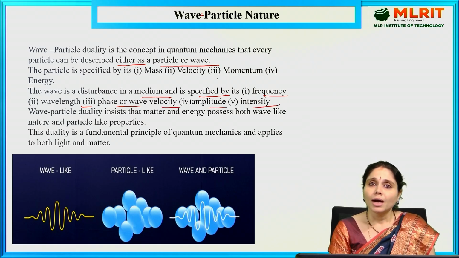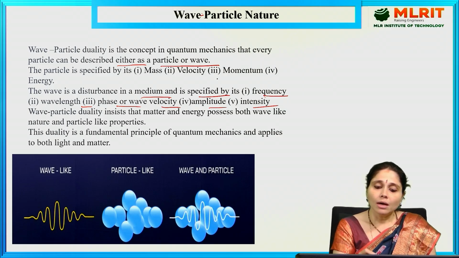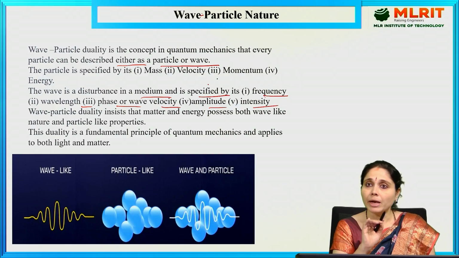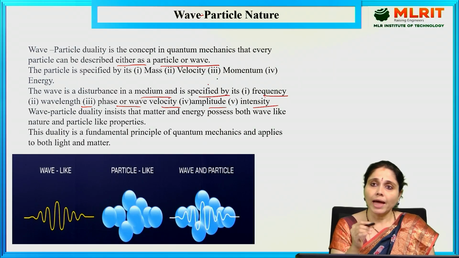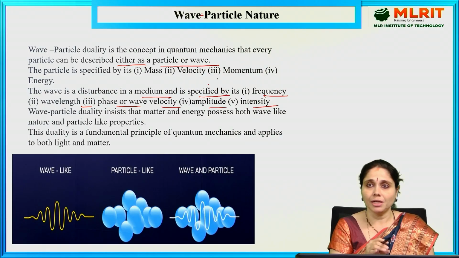Can we find anything in common between mass and frequency, or velocity and wavelength? There was no direct relationship until de Broglie introduced something. We have different parameters for particles and waves, but in quantum mechanics both are combined together to give the dual nature of matter.